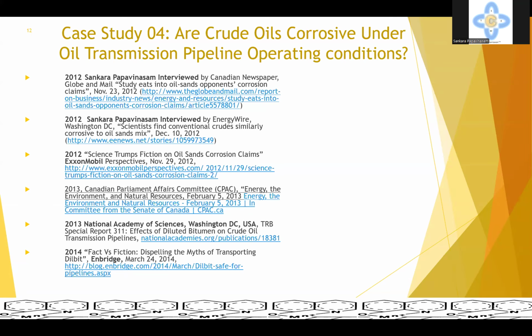Fortunately, we had some good data, not only us, but from different parts. I was interviewed several times in the newspaper, and I made a presentation at the National Academy of Sciences Committee in Washington, D.C. I also appeared in front of the Canadian Senate, the Parliamentary Senate. And all these things are still available.